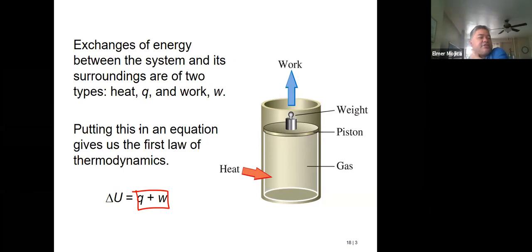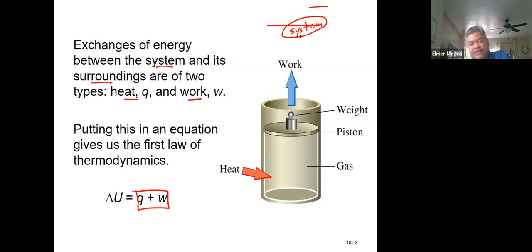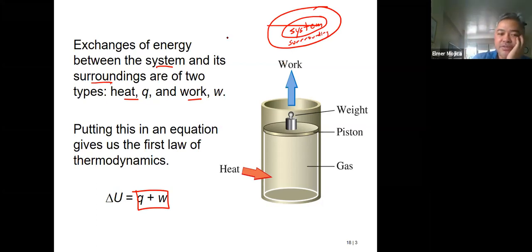Okay, so usually it says there the exchanges of energy between the system and the surroundings are of two types, heat and work. So remember, you have the system, the one that you are interested in, and anything around the system is the surrounding. And usually there's an exchange of matter and energy between the system and the surrounding, and we're after the exchange in the energy.